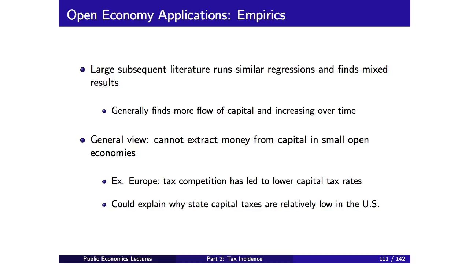So I think to roughly summarize economists' view on this topic, people think that you can't extract money from capital in very small open economies, right? So in Europe, if you plot capital income tax rates, you see a very steady decline through what people call tax competition. Everybody's trying to attract the capital to their country, and you're basically getting to an equilibrium where capital is in fact not taxed because of precisely this type of logic, right?